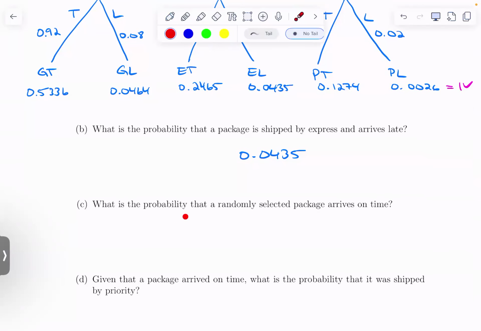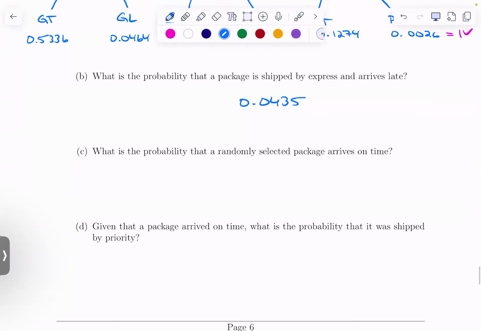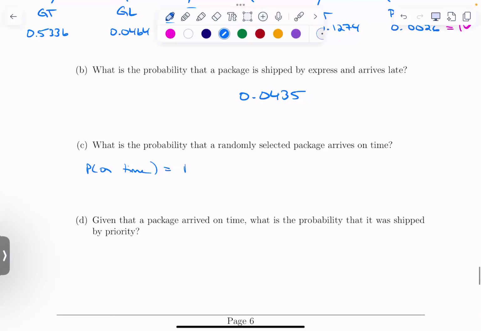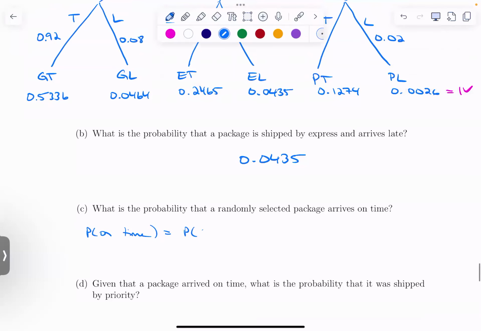What's the probability that a randomly selected package arrives on time? So that is, we want to ignore whether it was ground, express, or priority, right? In fact, to map it out, on time is the probability of GT plus, so or, right?